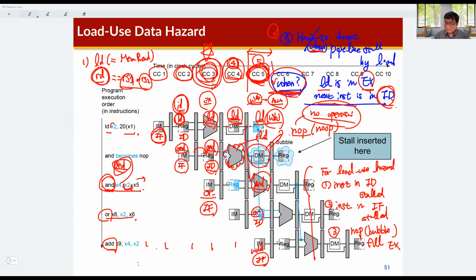That's how to detect the load-use data hazard. So I explained when to detect and how to detect the load-use hazard. Also, I already explained how to handle the load-use hazard. So how to handle?